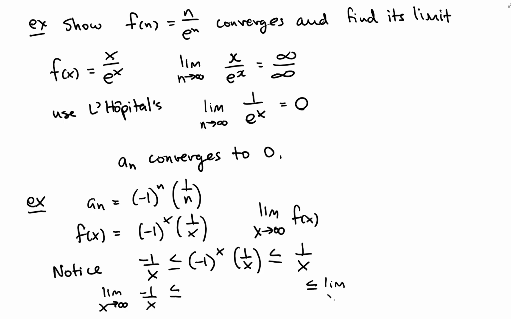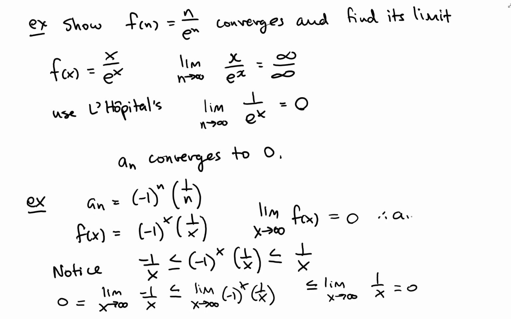So the limit as x goes to infinity of 1 over x, and the limit of negative 1 over x, and of course, these end pieces are equal to 0, each of them. So we can use the squeeze theorem to solve this one and show that it squeezes into 0, which therefore shows that a sub n converges, and it converges to 0 as well.